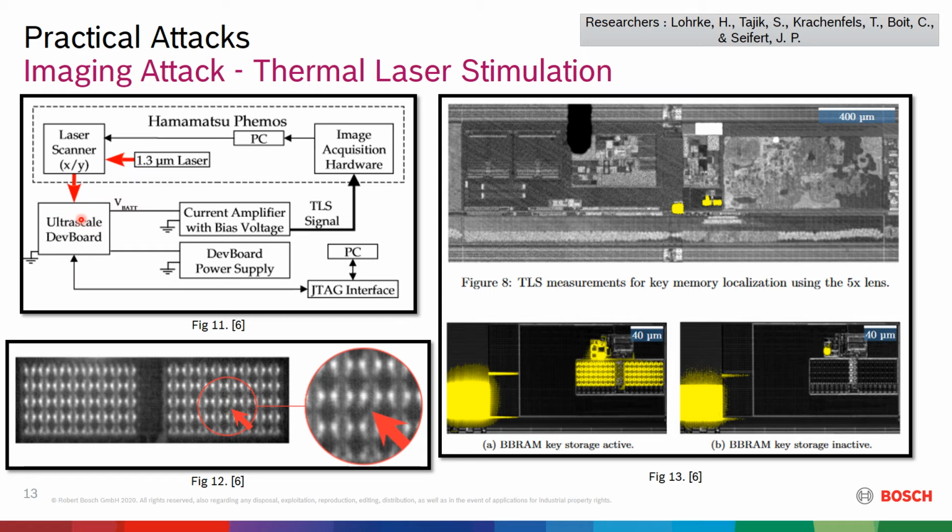This caused the transistors to heat up and generate current on the VBAT line, and this stimulation was then passed as an input to an image acquisition tool to visualize the results. Using such means, they were first able to localize where exactly the BBRAM is located, and within the BBRAM they were able to localize where exactly the keys are located, and by visual means they were able to tell whether the bit is 0 or 1.